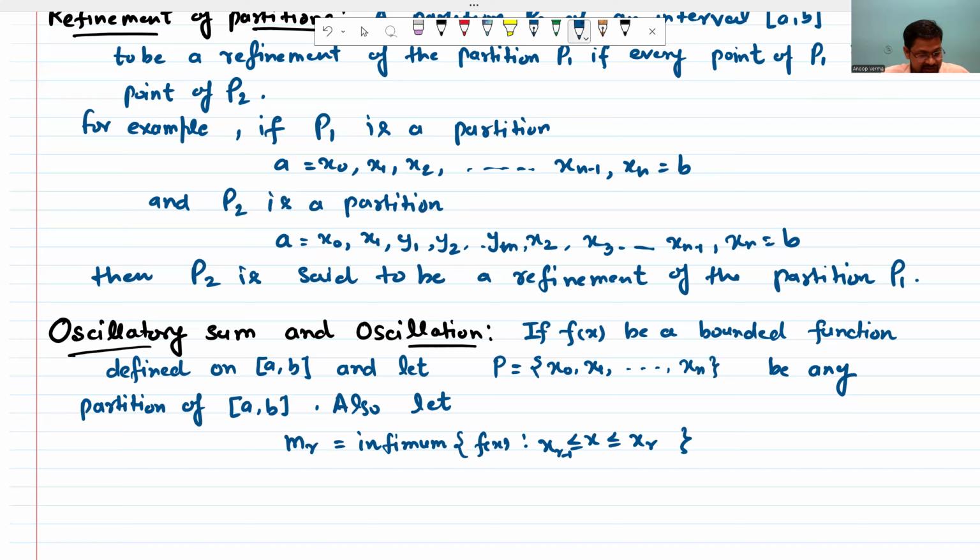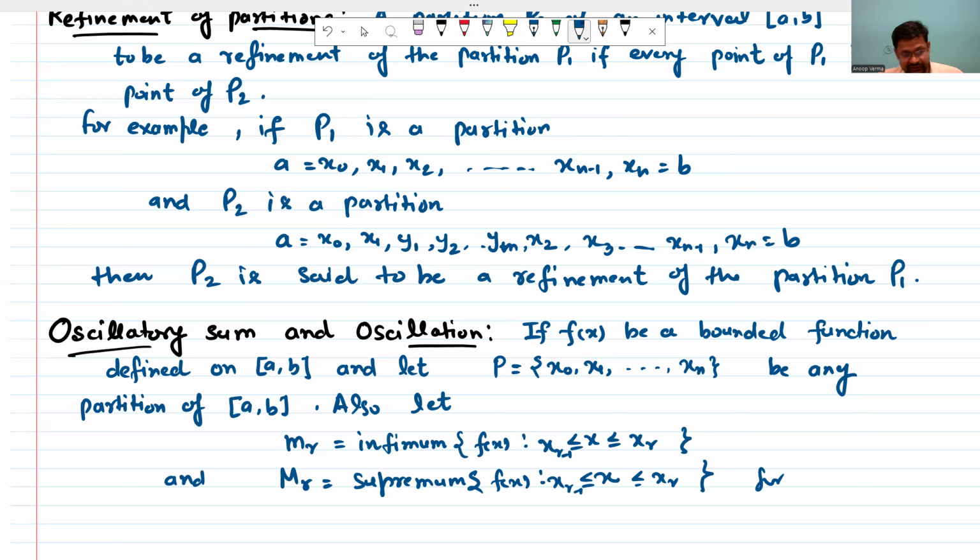Okay, and this capital Mr is the supremum in the same subinterval, है ना, supremum in the same subinterval. This is for x(r-1) ≤ x ≤ xr, for r equals 1 up to n.